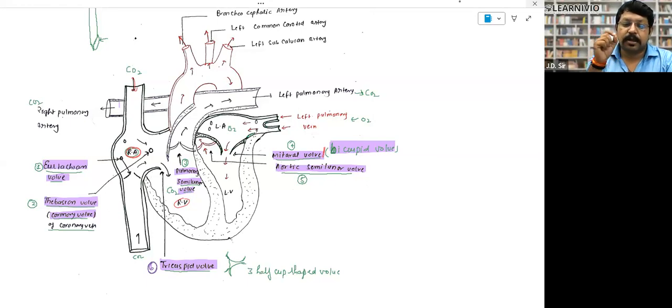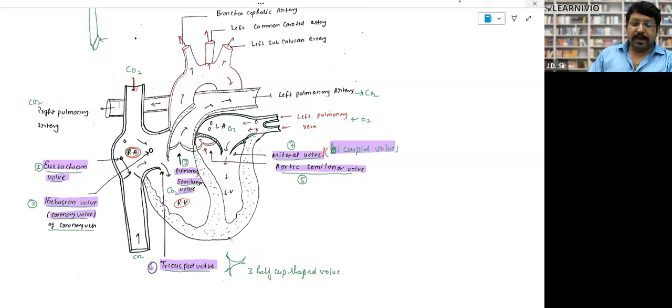Pulmonary semilunar valve prevents backflow between the pulmonary artery and right ventricle.